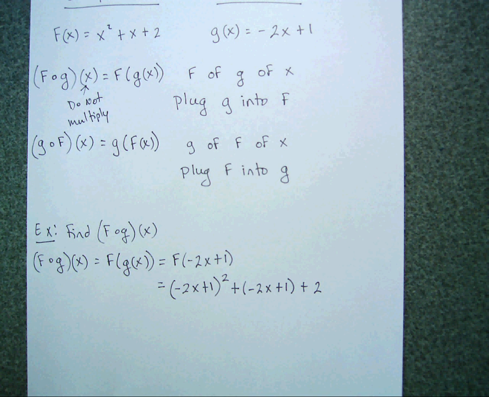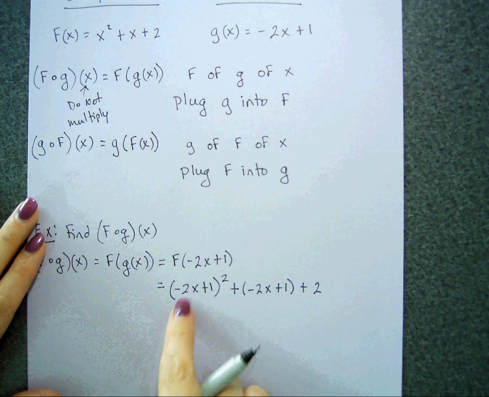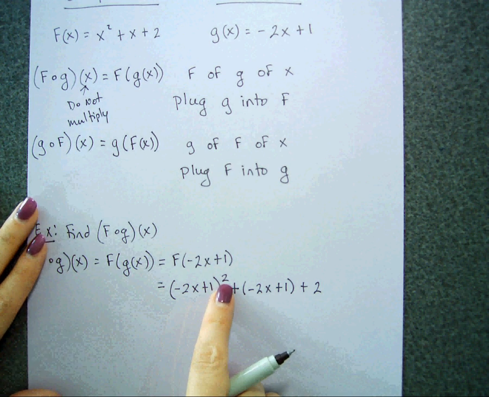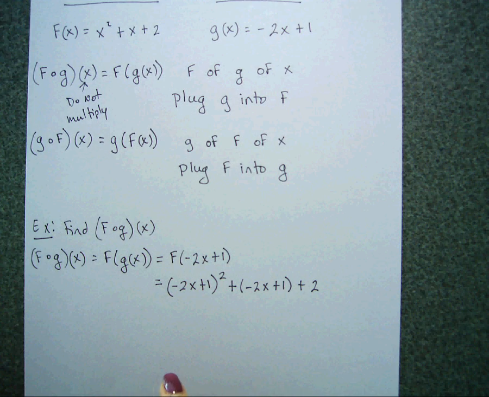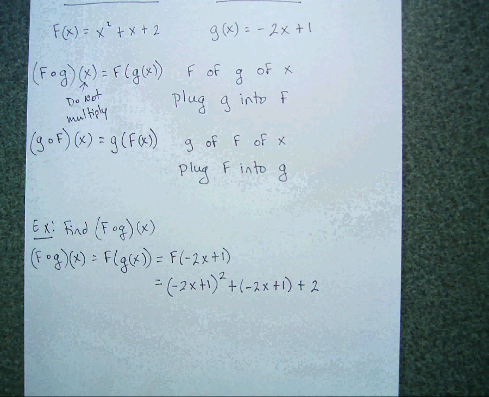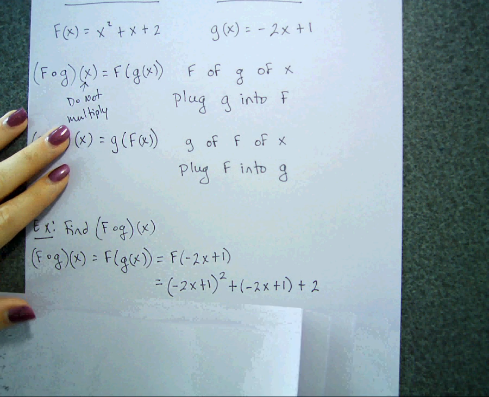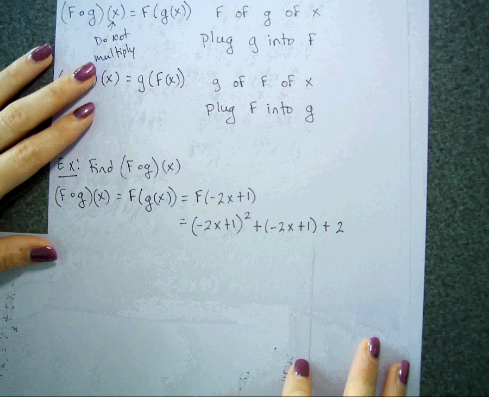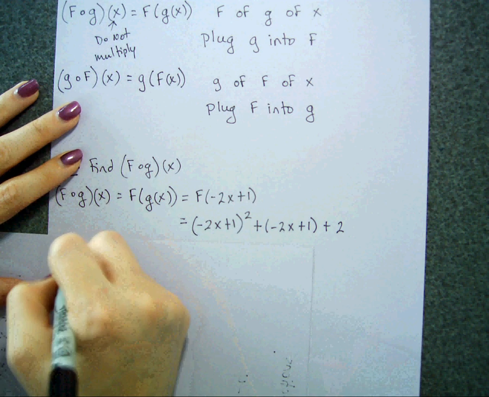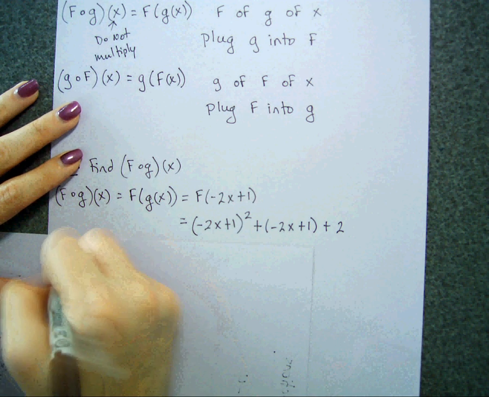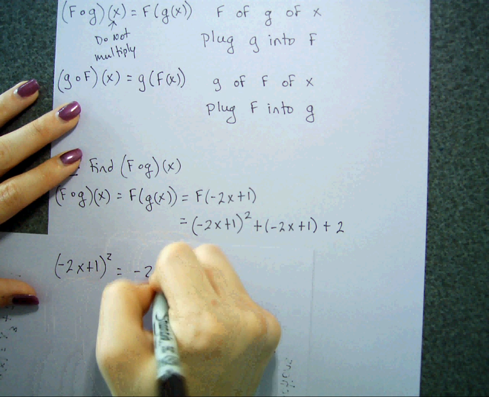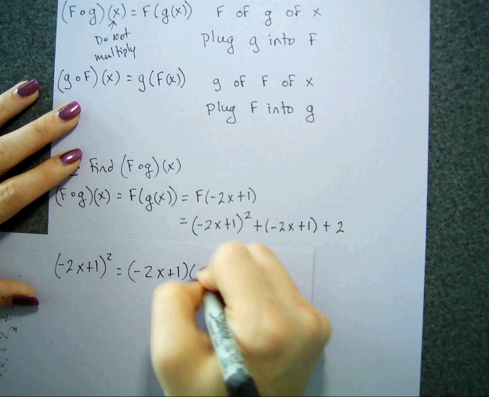Now going through and simplifying, negative 2x plus 1 squared means negative 2x plus 1 times negative 2x plus 1. I'm going to come over here and do a little side note and multiply that out.